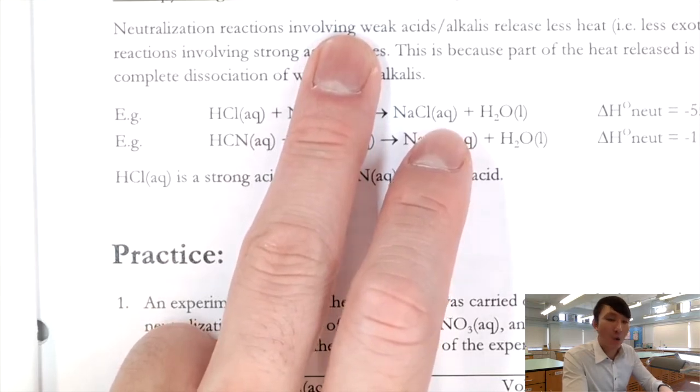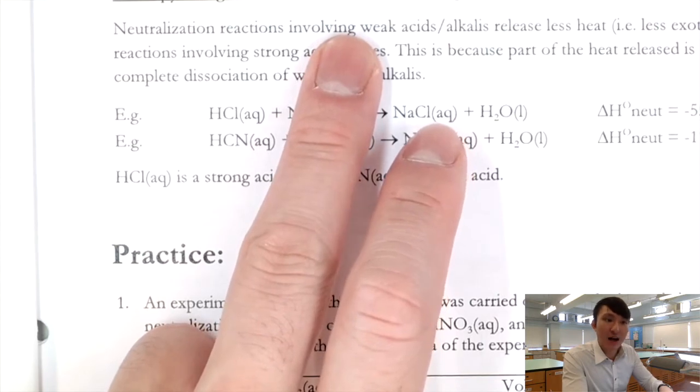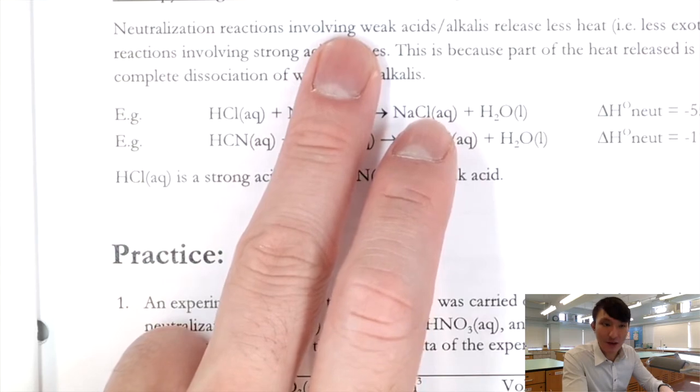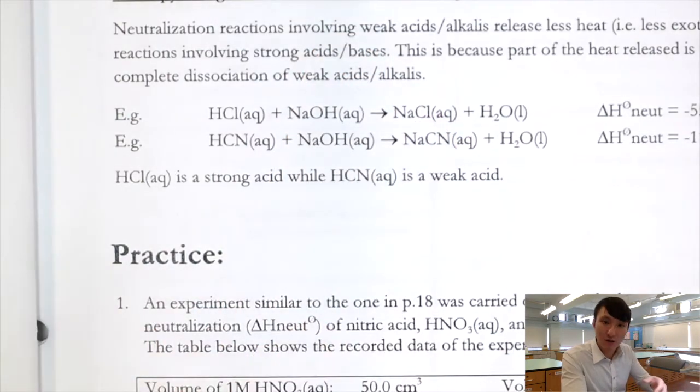All right? However, in order to further ionize those ionizable hydrogen atoms of a weak acid, you actually need to provide it with extra heat. So that's why, as the neutralization is exothermic, weak acids actually use some of the heat released to undergo complete ionization so that all of their ionizable hydrogen atoms can react with the sodium hydroxide or whatever base it is.